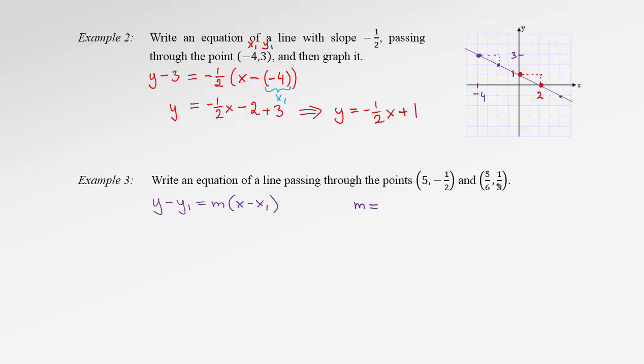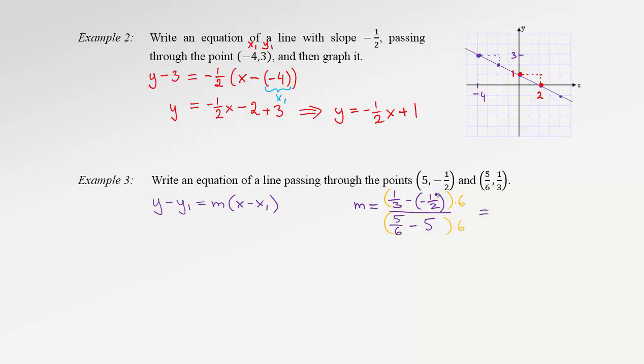So on the side let's find out what our slope is. Difference in y coordinates. So we can go 1/3, starting with this point, minus negative 1/2, over, if I start with this point, into the denominator I have to start with the same point. So 5/6 minus 5. And then we need to simplify this complex fraction. So let's multiply the top and the bottom by the common denominator, which in this case is 6.